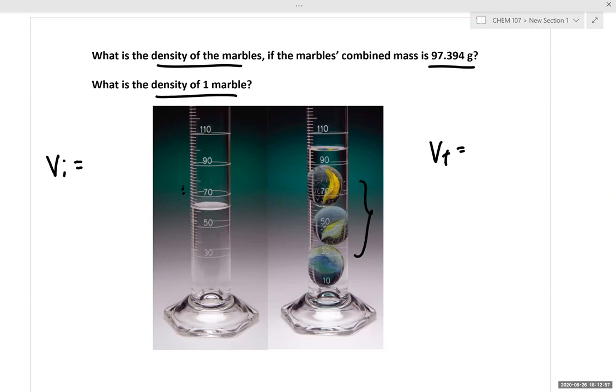Let's try to get a few more responses for the density value, and then we'll discuss this example momentarily.